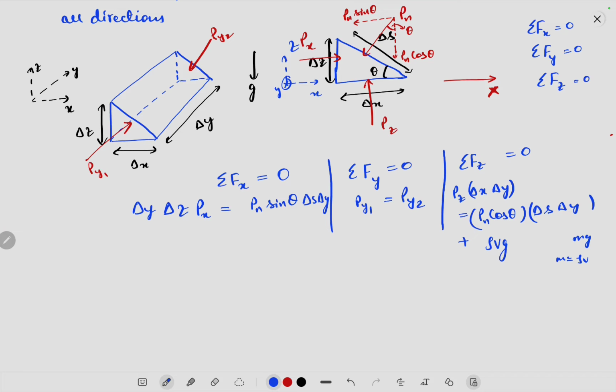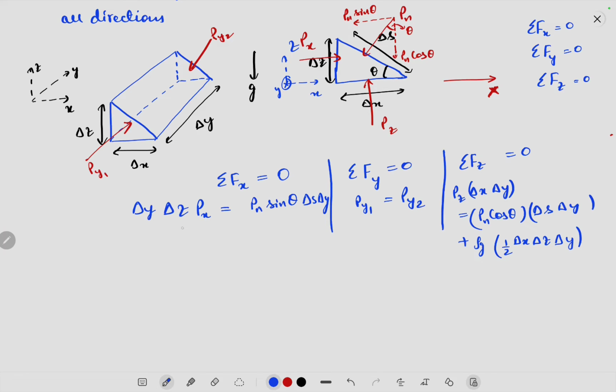So that is rho g, half base is delta x, height is delta z, and this is the area. Now we have to multiply this with the depth, which is simply delta y. So this is your force value.